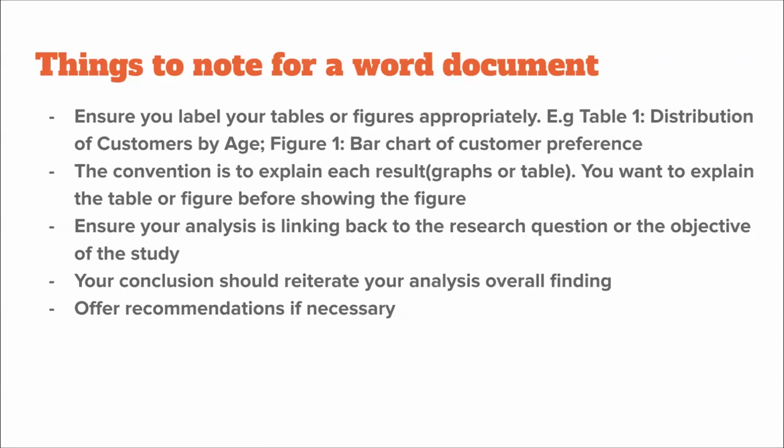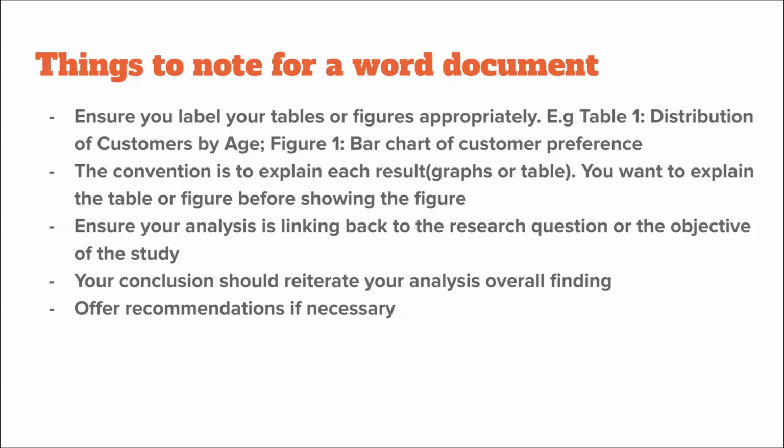That also helps ensure your analysis is linking back to the research question or objective of the study. As you are writing, think about your first three questions, and try to present your report in the order of answering these questions. For example, you can have three graphs or three tables explaining just one question. That's okay.